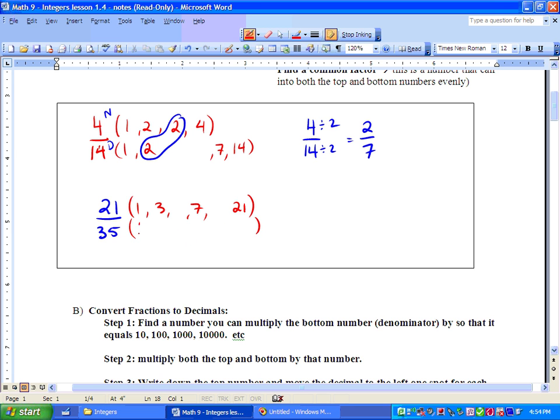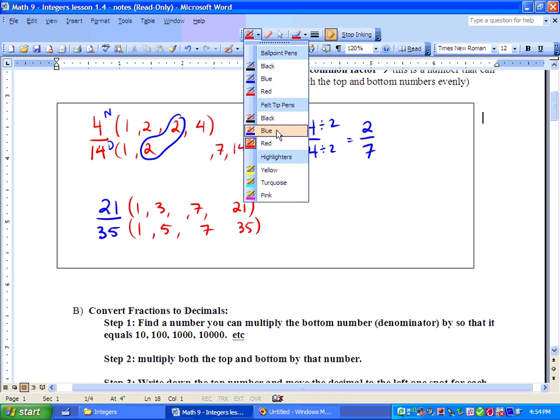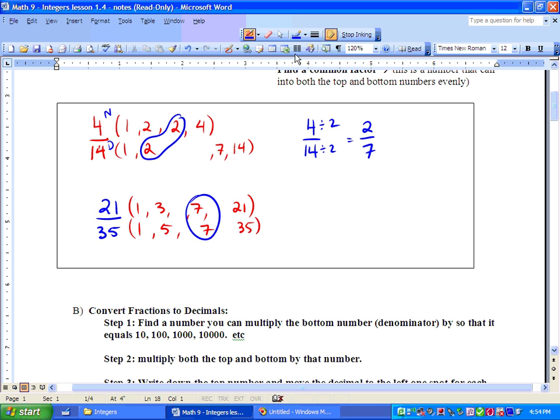Next for 35, we've got 1 and 35, and we've got 5 and 7. 7 is our greatest common factor, so we're going to divide each one by 7. So 21 divided by 7, and 35 divided by 7, and we get 3 over 5, or 3/5.